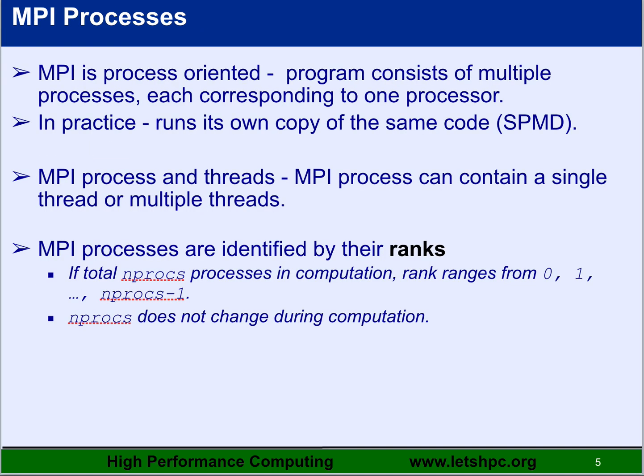Before we go there, let us understand that MPI is a process oriented program. It consists of multiple processes, and each corresponds to one processor. This is a little different from what we discussed during our shared memory system discussions, which was more thread oriented. Here it is process oriented.